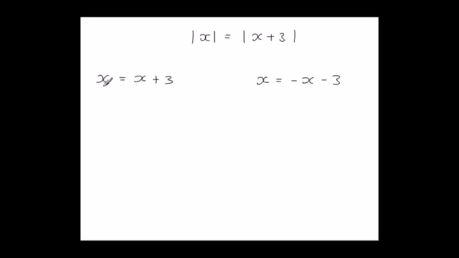That's meaningless. So this equation gives you no solution. This one here, taking the x to the other side, so you've got 2x is equal to -3, so x is equal to -3/2. So there's only one solution for this.